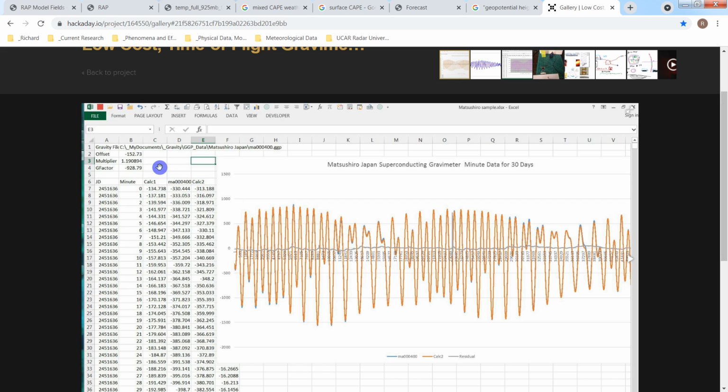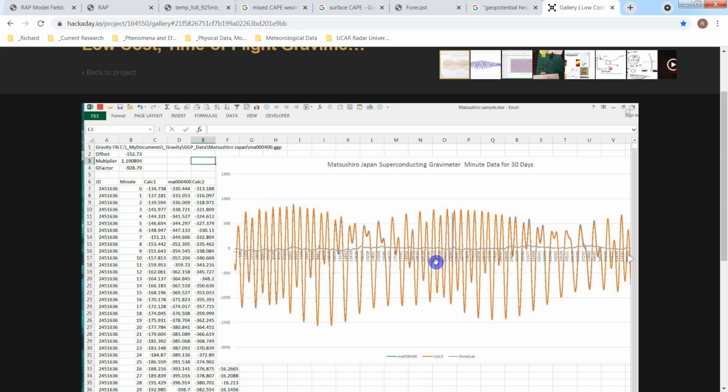Okay, so the offset on here, I wish I could bring it up. I can't. I'm tired. The offset in here is an exact record of what's going on at the station. These are superconducting gravimeters, helium cooled, and when the helium level changes, the baseline changes.